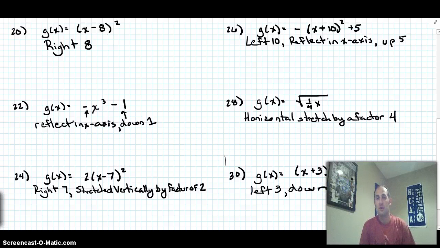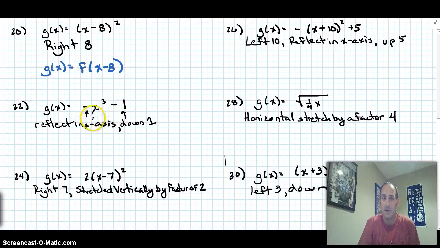Now what they also ask us to do, and I'll do that in blue ink on this, is to write g of x, the function that they've given, as a transformation of the parent function. So for the first one, it would have been x squared, but what they've done is they've changed the input. So g of x is going to have to equal, instead of f of x, f of the new input, x minus 8. Because it's x minus 8 squared instead of x squared.